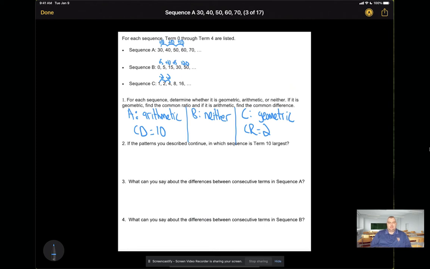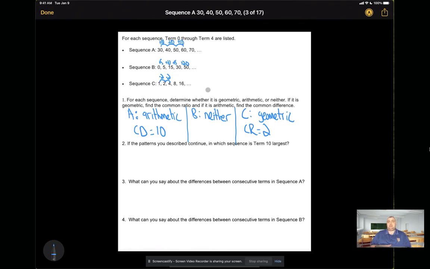The key in this case is that A is arithmetic and C is geometric. Remember from the notes, an arithmetic sequence has a graph that is linear, and a geometric sequence has a graph that is exponential. Notice they're both increasing.